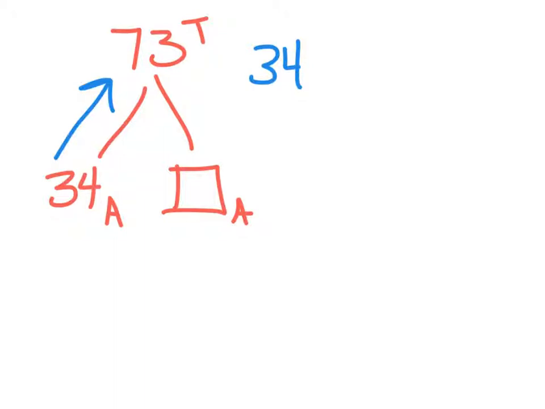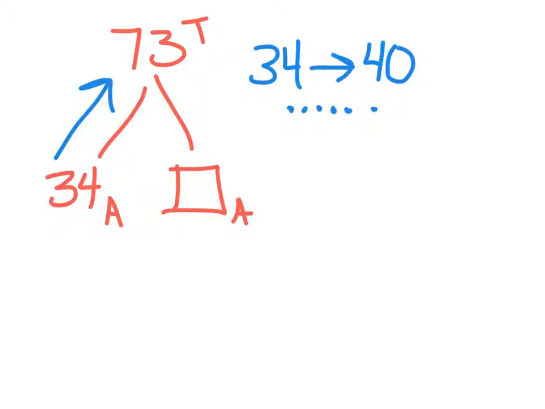I'm going to count on by ones until I get from 34 to the closest tens number. And the closest tens number going up would be 40. That would be my next 10. So I'm going to count on by ones until I get to 40. So I have 34, 35, 36, 37, 38, 39, and 40.